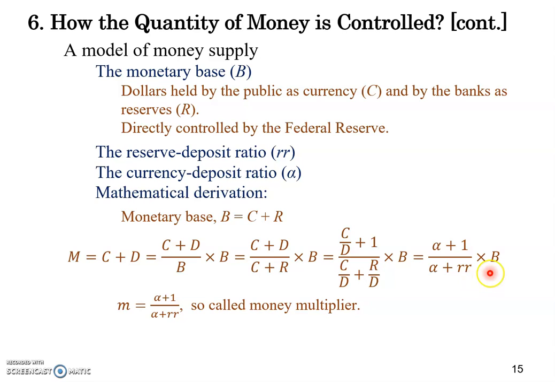If you look at the left-hand side of this equation, which is money supply, and the far right, it's the money multiplier times the monetary base. Here, the monetary base is high-powered money. By that we mean it can be used to generate more and more money down the road. And as we said, this is the money held by the public and the banks.